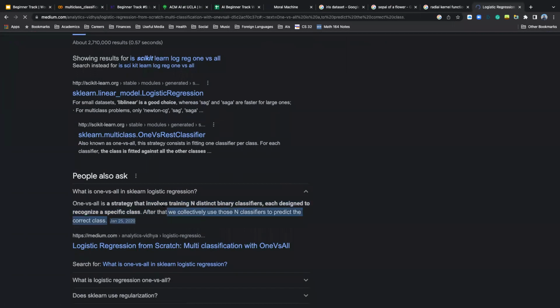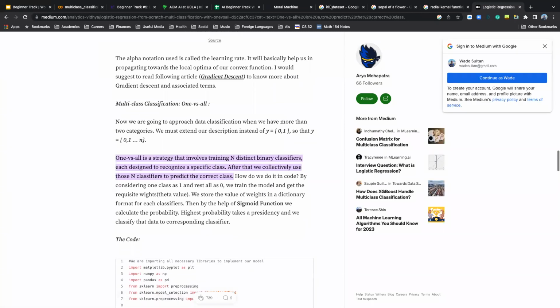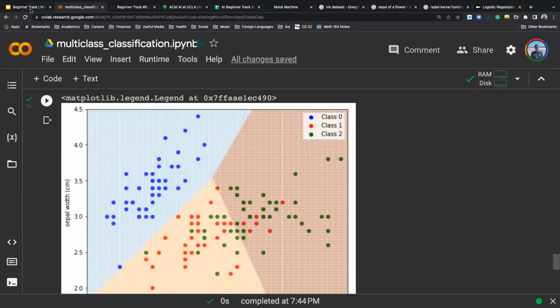It seems like scikit-learn uses the one versus all approach I just explained. So intuitively what it would translate to here is that everything in here is the blue class, but everything outside is not the blue class. Everything in here is the red class, everything outside is not the red class. Everything in here is the green class, everything outside is not the green class. That's the intuition.